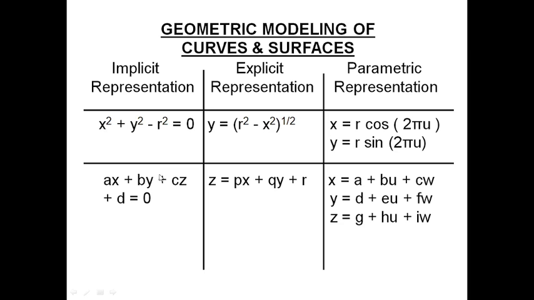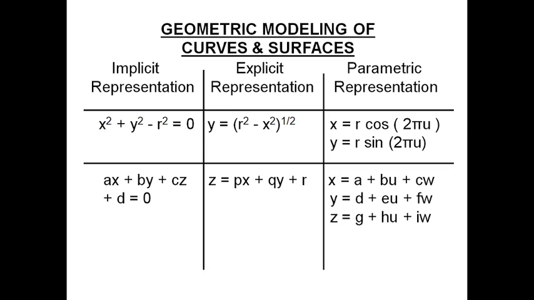Let me discuss the kinds of representation which are available for different kinds of curves, surfaces, and solids. The first kind of representation is the implicit representation, where you are making use of both the variables, like x and y, and there is no distinction between x and y, or the dependent and the independent variables.